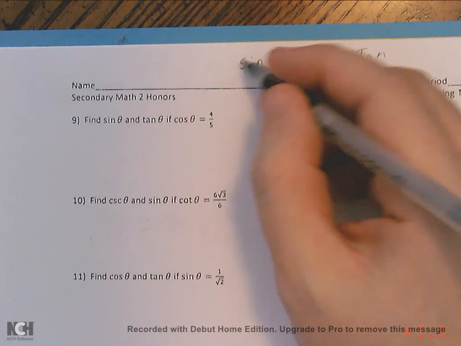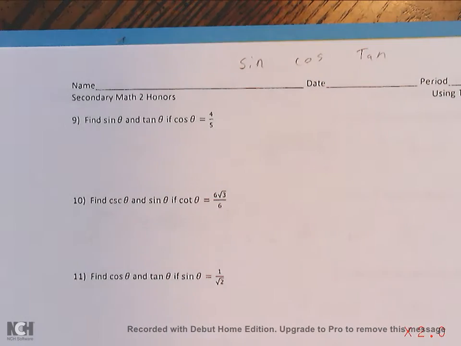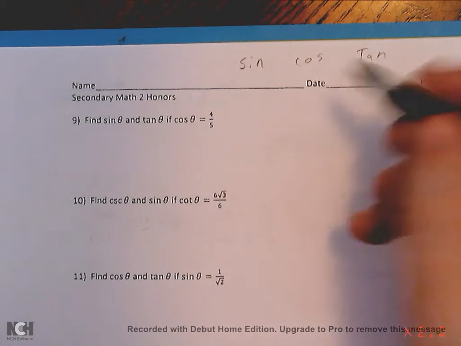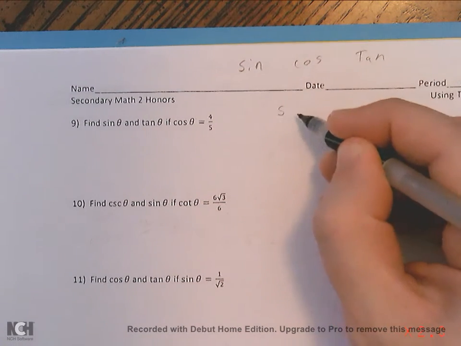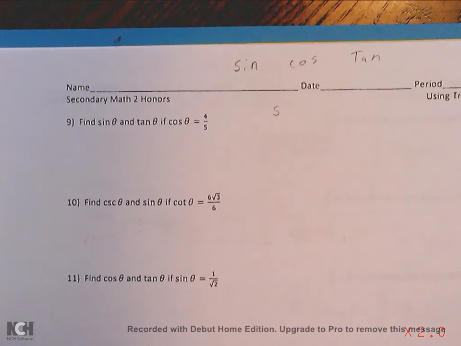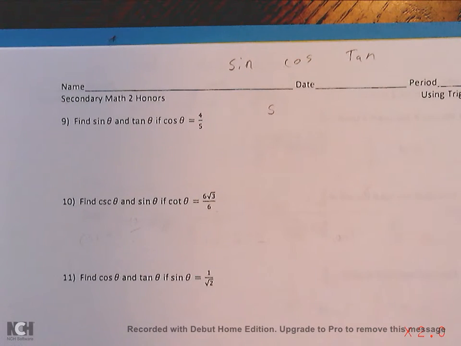I'll get to those in a second. Now, when I'm talking about ratios, I'm talking about the ratios between two sides on a triangle. So if I have sine, I'm talking about the opposites.